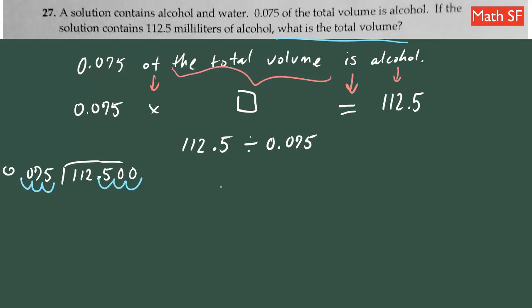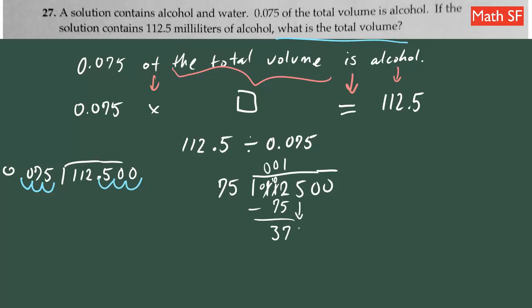In other words, we have 75 divided into 112,500. 75 goes into 1 0 times, into 11 0 times, into 112 1 time. 1 times 75 is 75. Let's subtract this. We need to do some borrowing here. 12 minus 5 is 7, and 10 minus 7 will be 3.